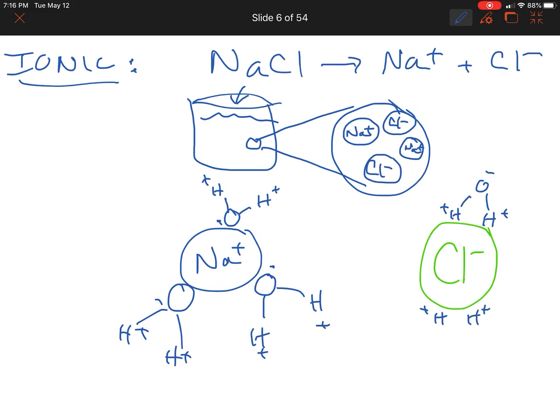So we've got our H's. And you draw more in there, right? So this is how the solution process works. The water molecules surround the ions, and they orient themselves so that opposite charges attract. Okay, so that's ionic.